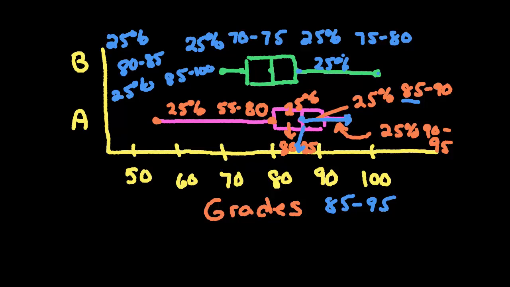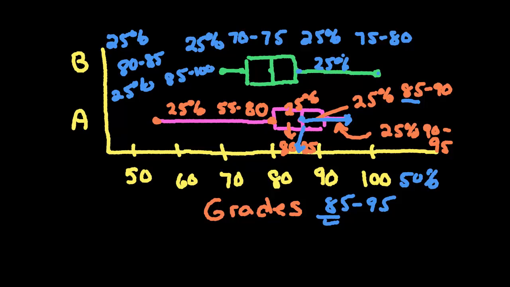So that's 50% of the class. Half the class got an 85 or above in Class A, while only 25% of the class got an 85 or above in Class B. So you have a much better chance of having gotten an 85 or above if you were in Class A than you would have in Class B.